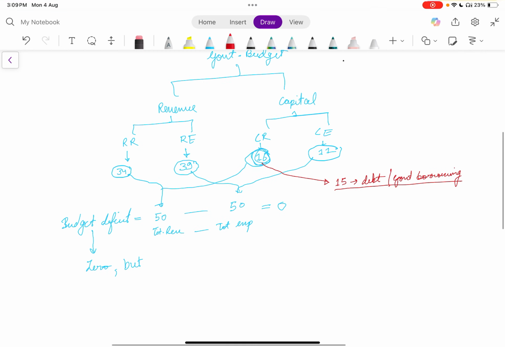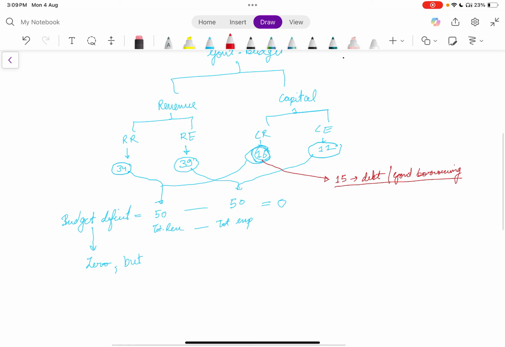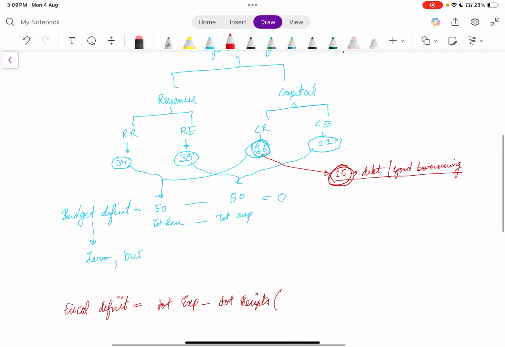So when we count the fiscal deficit, fiscal deficit is equal to the total expenditure minus total receipts. And in these receipts, we will exclude this 15 because ultimately we have to repay it.